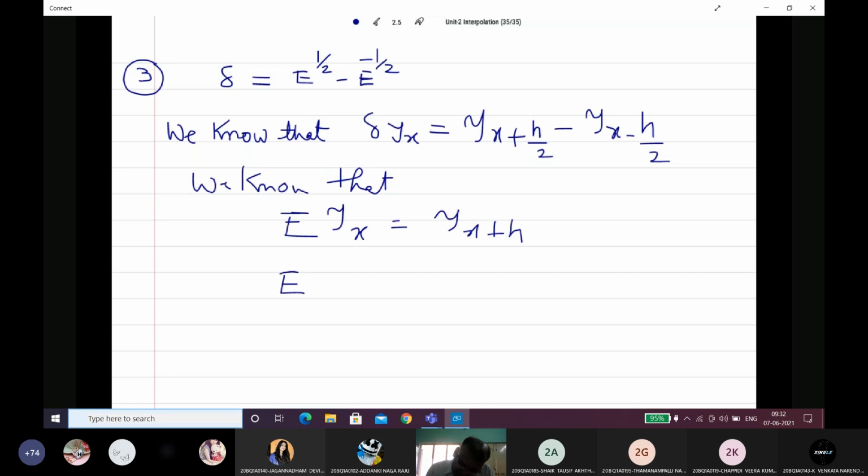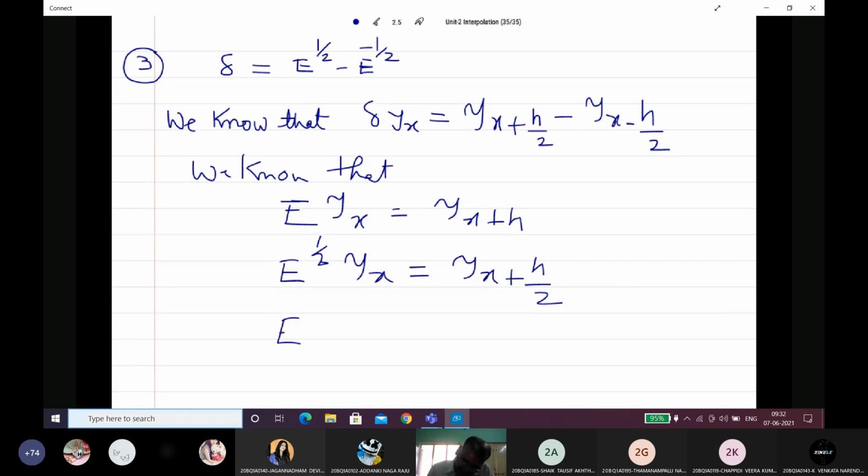Similarly, E of 1 by 2 yx is equal to yx plus h by 2. E of minus 1 by 2 yx is equal to yx minus h by 2.